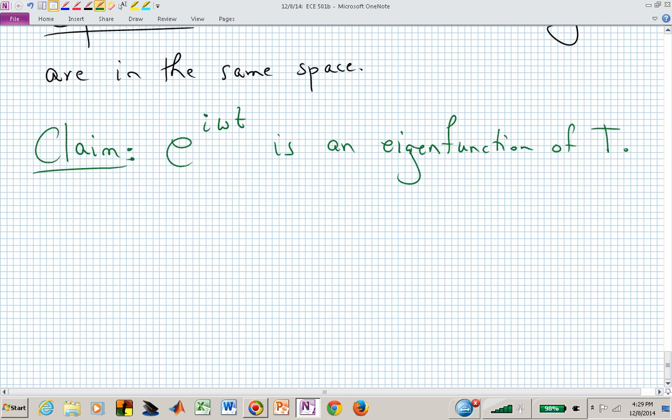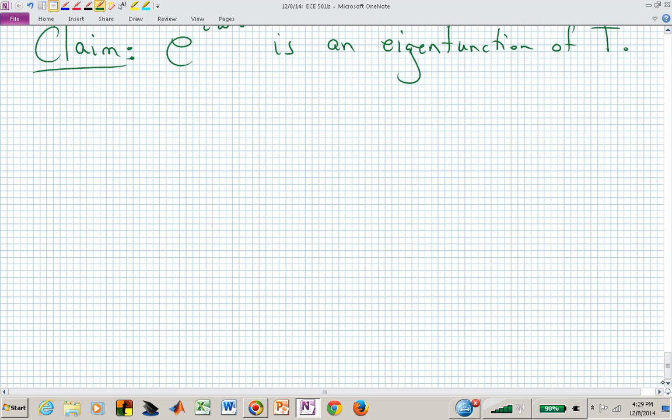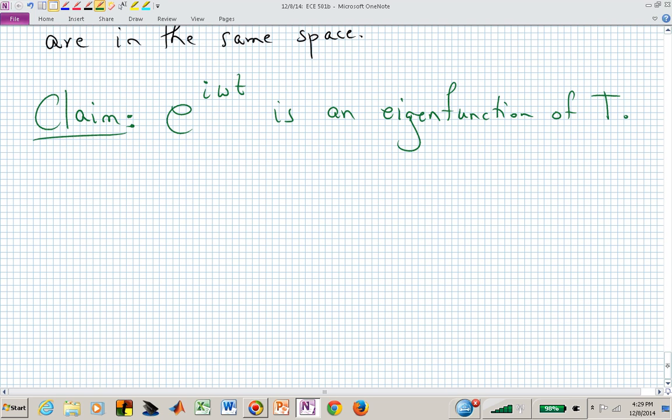If you looked at the real part of e to the i omega t, if you remember Euler, e to the i omega t is just cosine omega t plus j or i sine omega t. So this is just a bunch of sinusoids, e to the i omega t for a fixed omega. Now let's check that claim to see if in fact e to the i omega t, or these sinusoids, do allow us to have eigenfunctions associated with this convolution operator or this linear operator capital T.